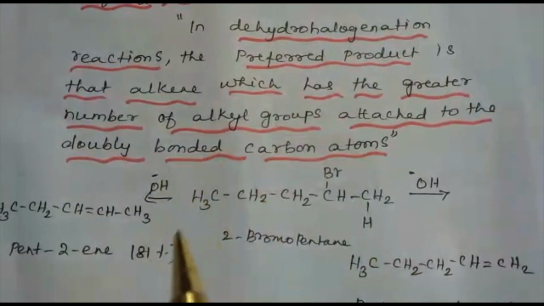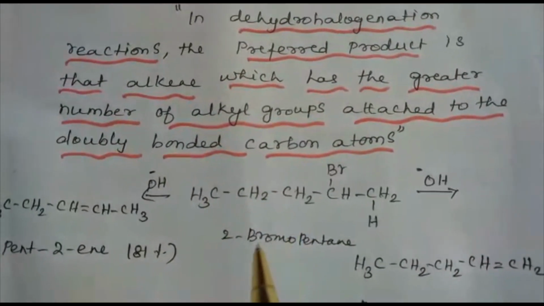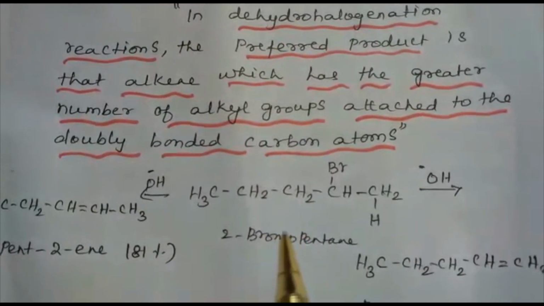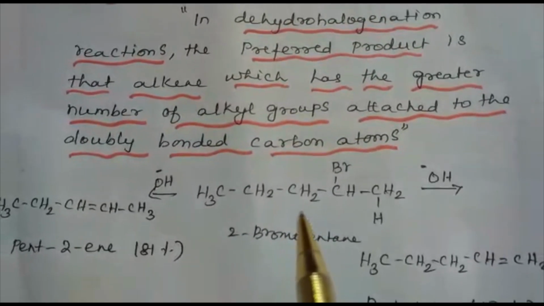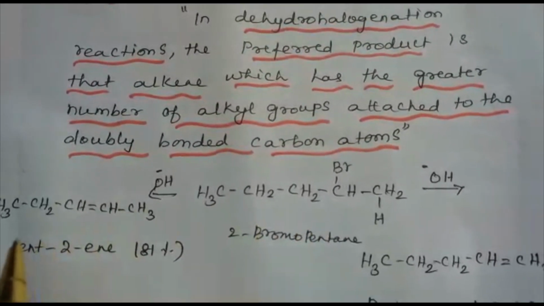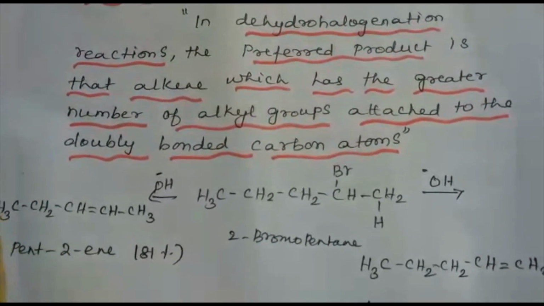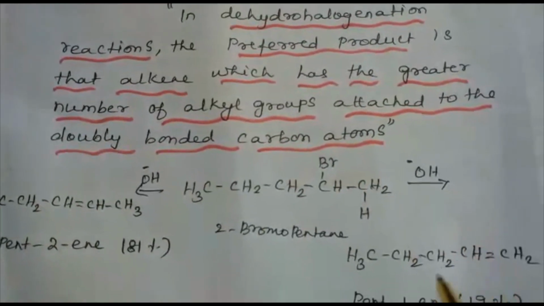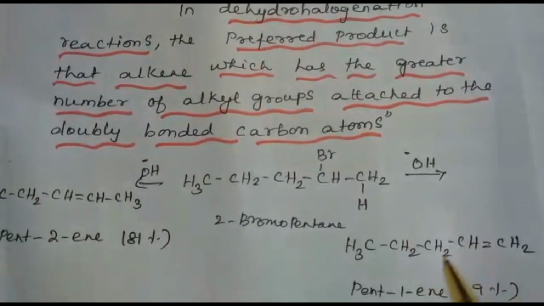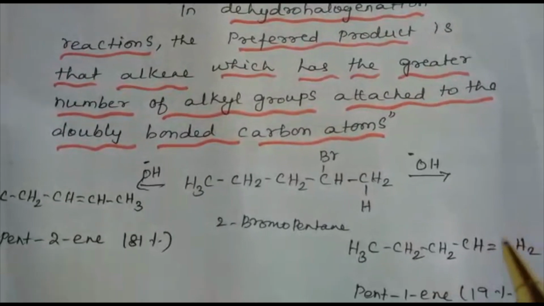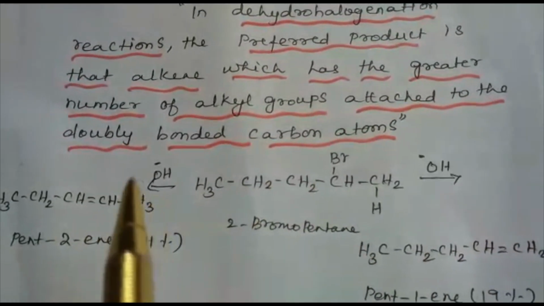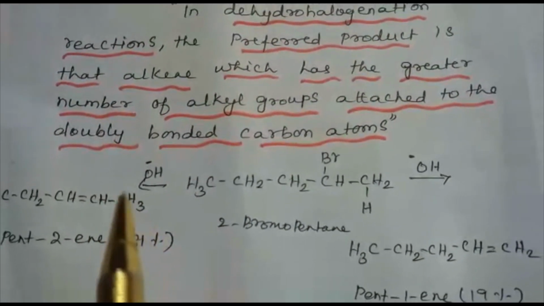See the example over here, 2-bromopentane. When it undergoes elimination reaction, you are getting pent-2-ene and pent-1-ene. Pent-1-ene is found to be the minor product, pent-2-ene is found to be the major product. What is the rule?